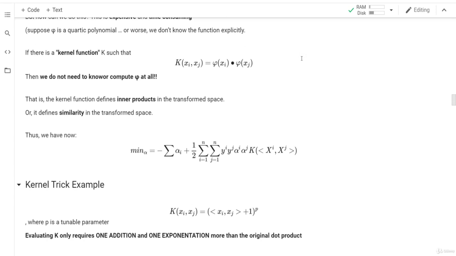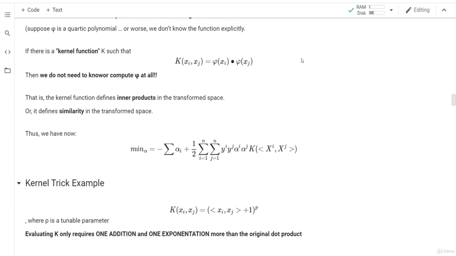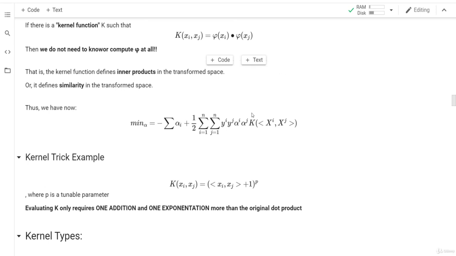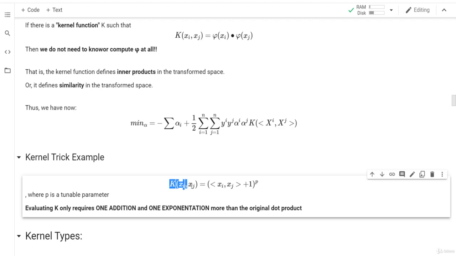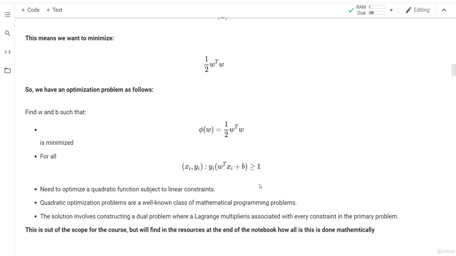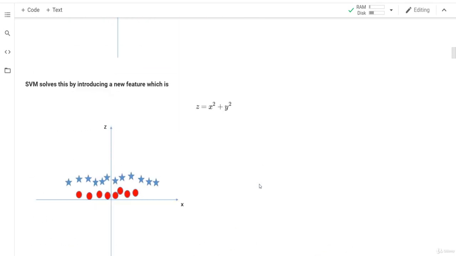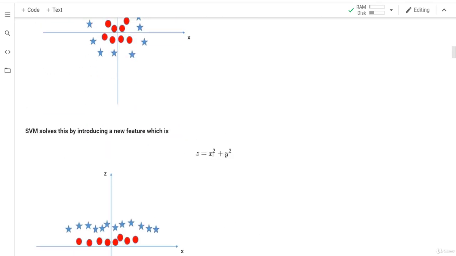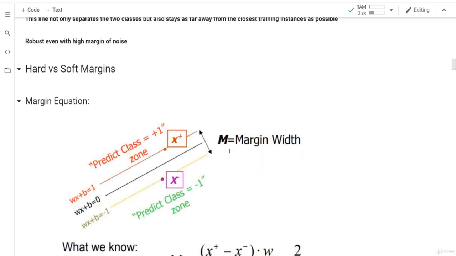So let's take a look at a kernel trick example. Let's see what we needed to do without using the kernel trick, and what we need to do now. Let's say that the kernel we are using is a polynomial kernel. We used a polynomial kernel before, where we just took the function and squared it.